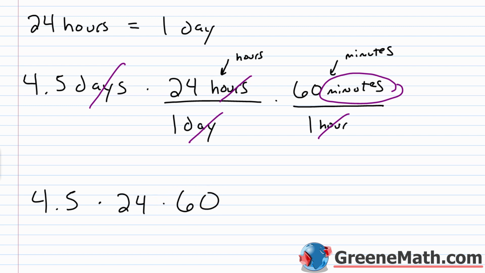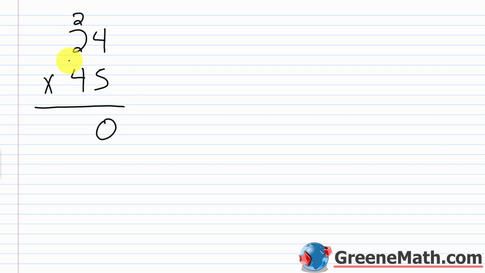So let's go down to a scratch sheet. What is 24 times 4.5? So 24 times 45. Forget about the decimal point for now. 5 times 4 is 20. Put a 0 down, carry the 2. 5 times 2 is 10, plus 2 is 12. 4 times 4 is 16. 6 down, carry the 1. 4 times 2 is 8, plus 1 is 9.